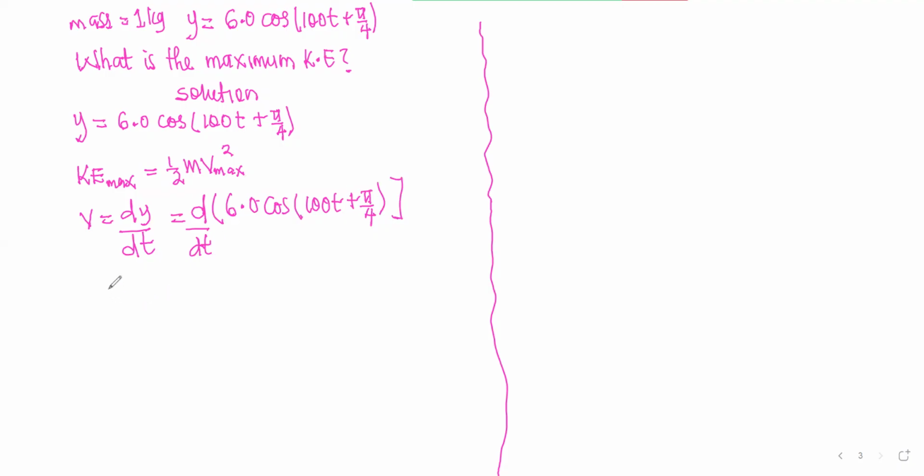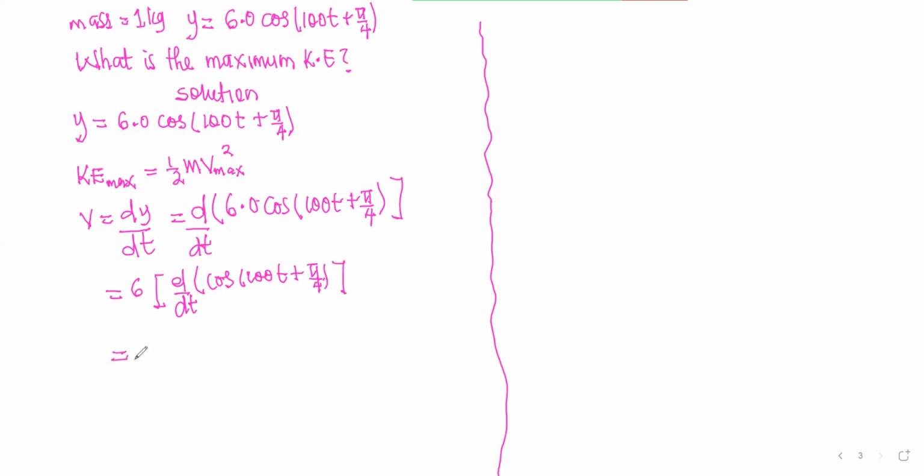When I differentiate the displacement function, the coefficient is not affected by the differential. So we are actually going to deal with d/dt of cos(100t plus pi over 4).